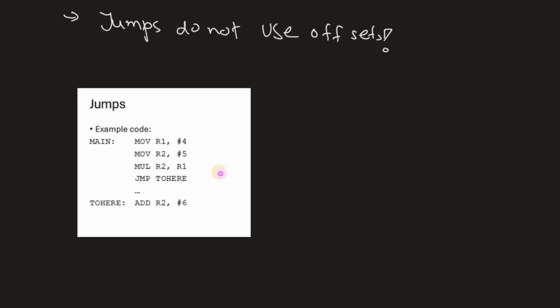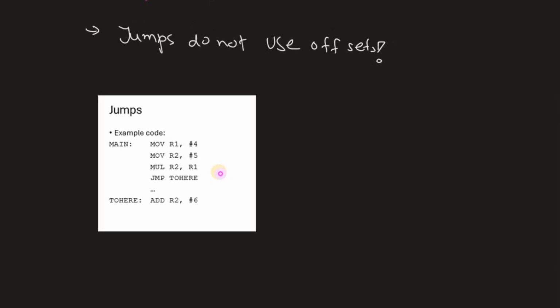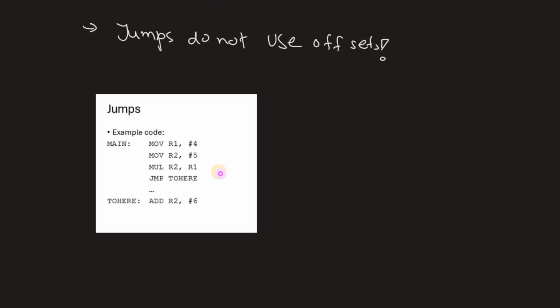Whatever I have covered so far for the jumps and the branches is unconditional, so we do not have any conditions involved. So how do we handle conditions in branches and jumps? Let's talk about that.